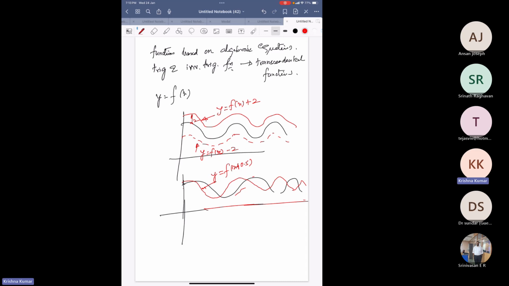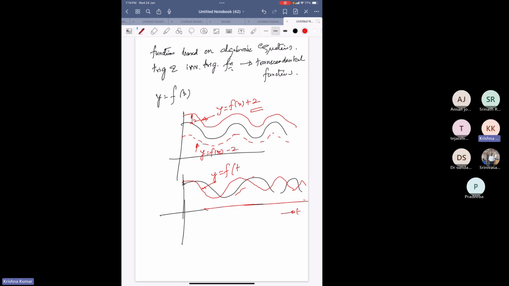Now let's understand this carefully. At least the previous ones are easy: I'm just adding one constant and shifting up and down. Now I'm shifting it to the left. What does this mean? Let x be time, t. I'm shifting it to the left, so t plus 0.5. In the new function, what's happening? Can someone interpret for me?